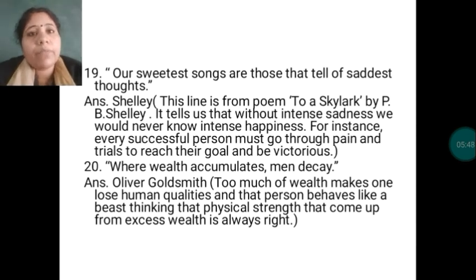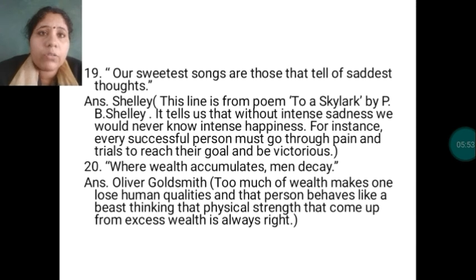Some people, when they become very rich, think that paisa hi sab kuch hai. Now the way I behave, no matter the way I behave, मुझे कोई हराने वाला नहीं है. If money is with me, everything is with me. Everyone is with me. So that is wrong. That is what Oliver Goldsmith said. Where wealth accumulates, man decays. The qualities of man are destroyed.